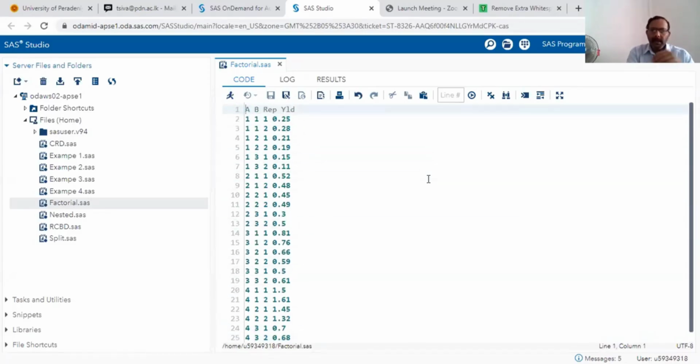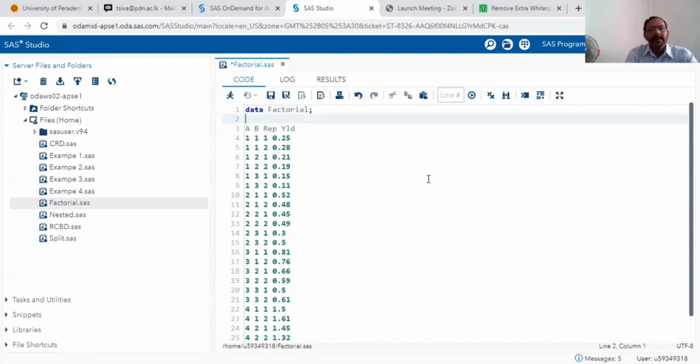Okay. So now I'm going to write down my program. Let's say it is a factorial. So I'll say data factorial. Give a name, for example, just to identify what sort of analysis is that.